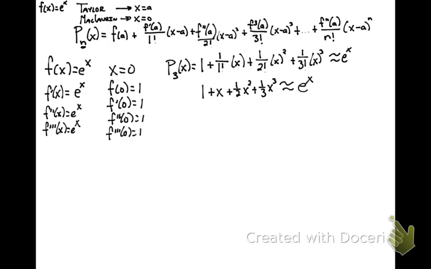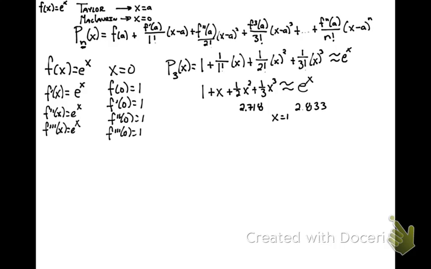Now if we were to test this for some value of x, like x equals 1, we find that this expression is 2.718 and this expression is 2.833. It's a decent approximation, right, for x equals 1.